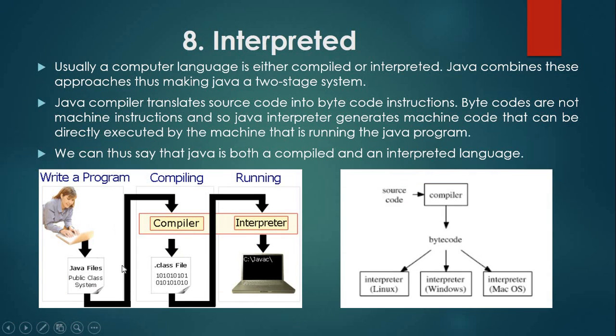For example, this is an example we have already discussed when we were discussing the JVM. We will discuss it again. If we write a Java program, then the Java compiler converts it into the class file, means your bytecode. Here 1010 is the bytecode, that is your class file.